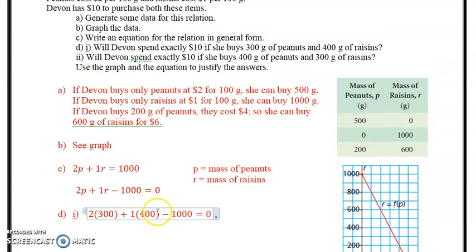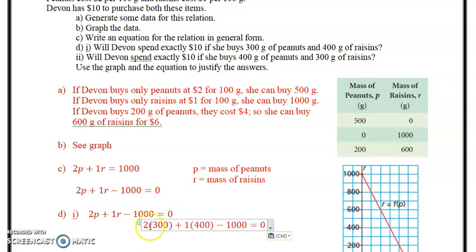So plug those values in. Oh, I should do that in the next line. It's no big deal. Leave that as P, just so you can see where the data came from, where it went. Fill it in, and then we'll just see if both sides are equal.